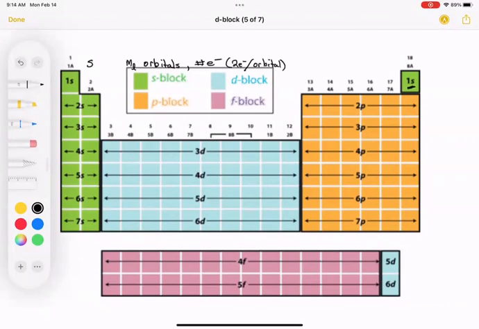Is it 0? 0 is its m sub L value, but how many orbitals?